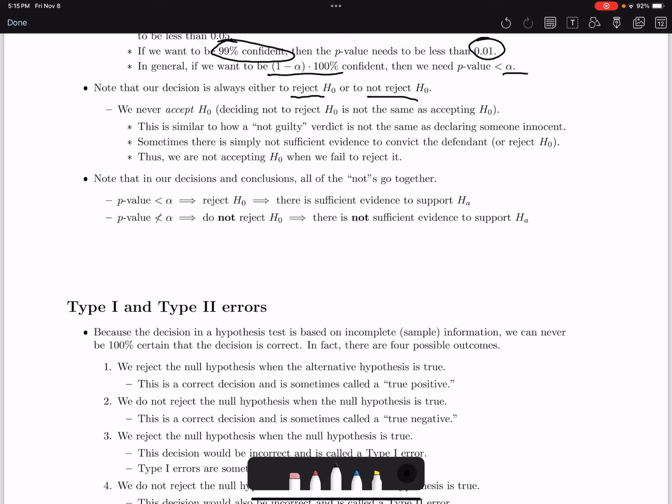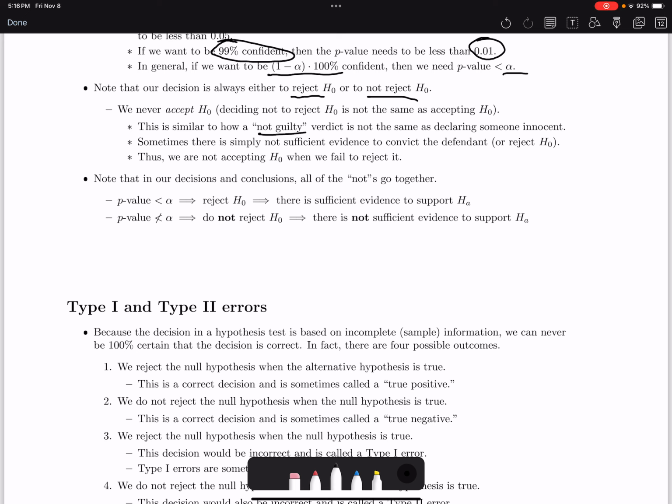Deciding not to reject the null hypothesis is not the same thing as accepting the null hypothesis. I know it seems like it's similar. Well, it is similar, right? It seems like it should be considered the same thing, but it's not, okay? It's similar to how a not guilty verdict is not the same thing as declaring someone innocent, right? Sometimes there's just simply not sufficient evidence to convict the defendant in a criminal trial.